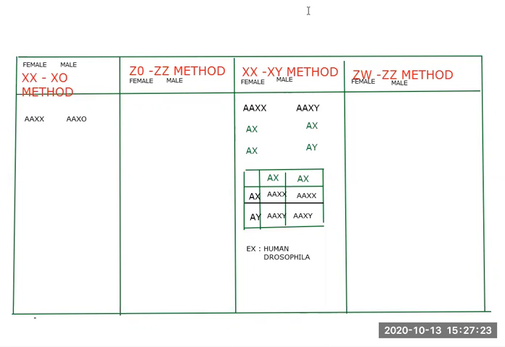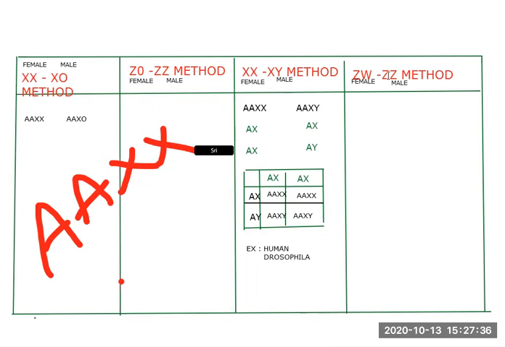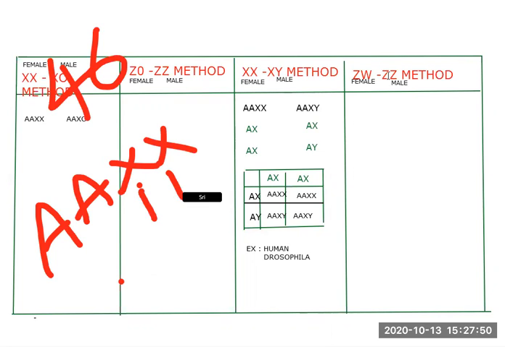We need to calculate that particular area like this. I am writing here AAXX. How many chromosomes in a human being? 46 chromosomes are present. Of that, 22 pairs are autosomes and one pair is allosome, XX.